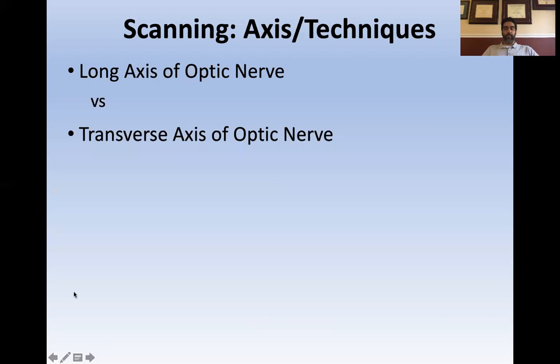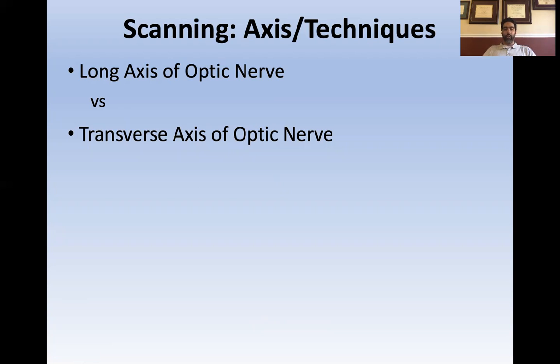There are two ways of approaching ocular ultrasonography, and you can think of them with respect to the axis of the optic nerve and how you visualize the eyeball. The conventional approach is looking at the eyeball such that you're looking at the long axis of the optic nerve. We'll talk about that first.